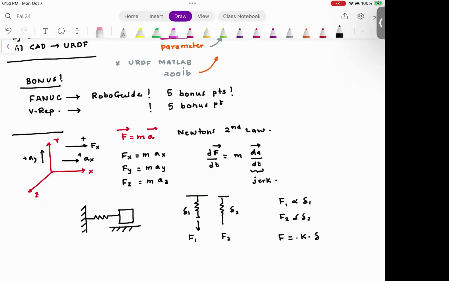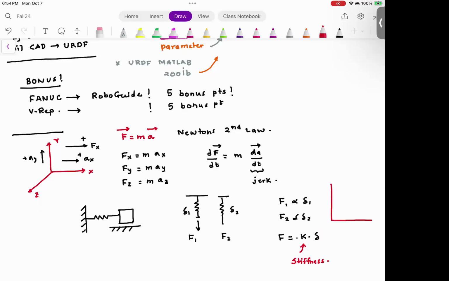So force is proportional to displacement, and this K is called the stiffness. Sometimes you have a softer spring, which means for the same load, the spring deflects further. Sometimes you have a hard spring, which does not deflect as much for the same amount of force.